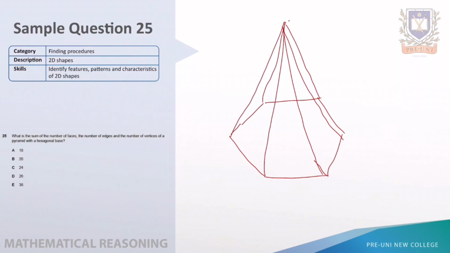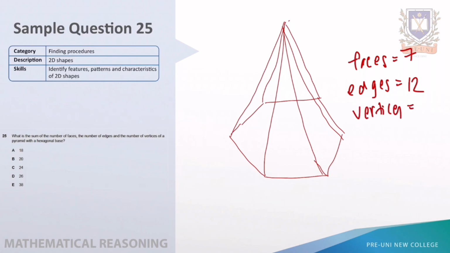So now we can count one by one the faces, edges, and vertices. So the faces, if we count, there are 7 faces. So the base plus the 6 sides. If we count the edges, there are 12 edges.